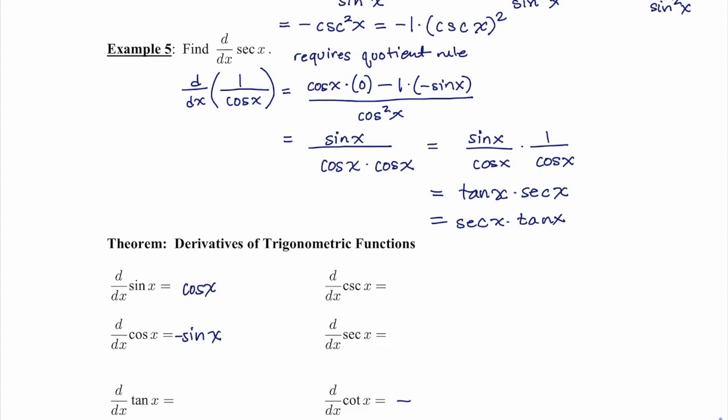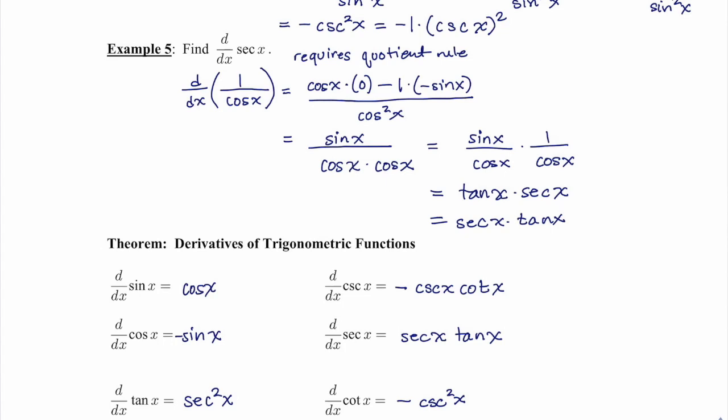Cotangent was the opposite of cosecant of x squared. And we found the derivative for secant was secant of x tangent of x. The derivative for tangent is secant of x squared. And the derivative for cosecant is the opposite of cosecant of x, cotangent of x.